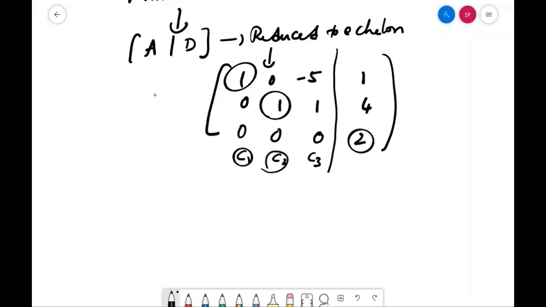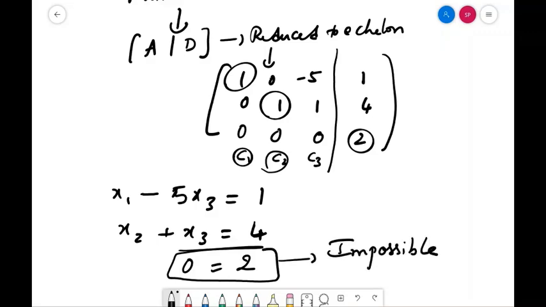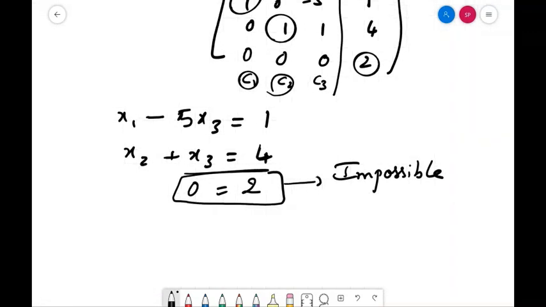C3 is a free variable, but I cannot just conclude by that that it has infinite solutions. So I'll write the equations: x1 minus 5x3 is equal to 1, then x2 plus x3 is equal to 4. Whereas in the third row, you have 0 is equal to 2. Is it possible? This is impossible, or you can say it is a contradiction.